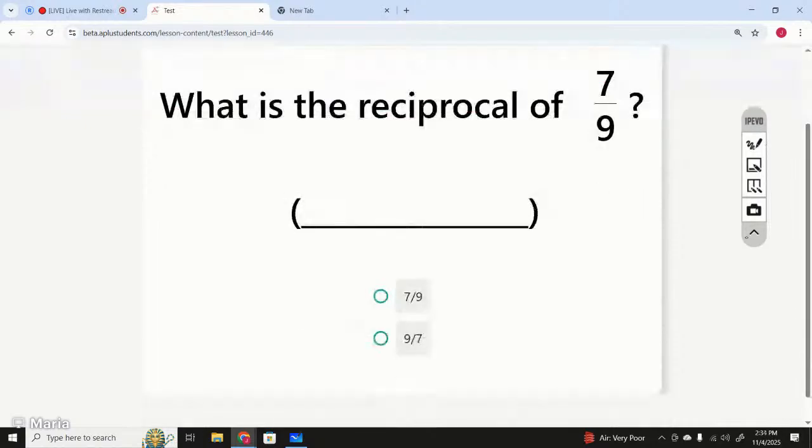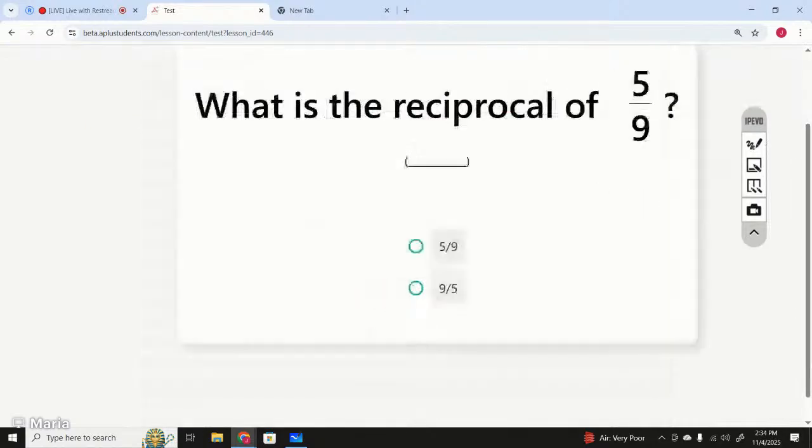You need to switch the numerator and denominator, so it will be 9 by 7.